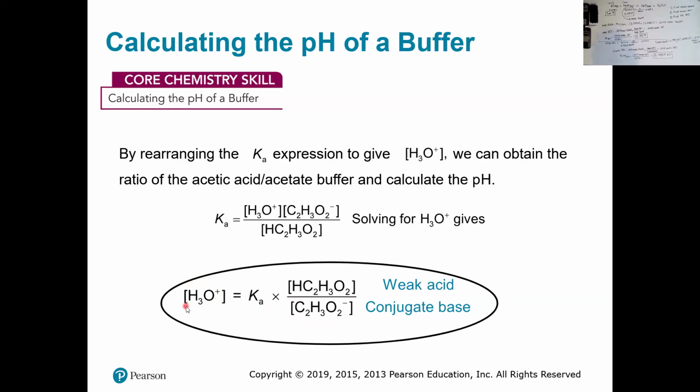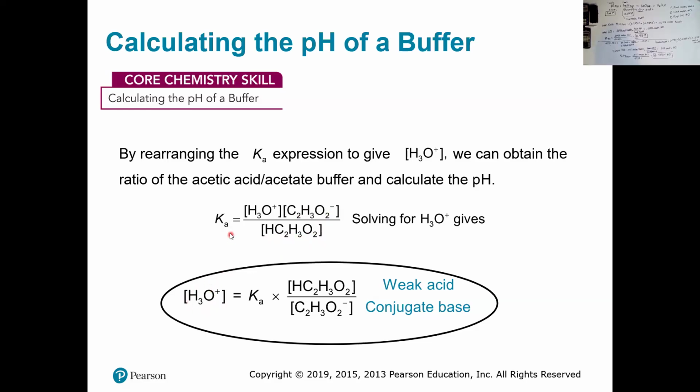And just like we did before, once you know the H3O plus concentration, then you can find the pH because you'll take the negative log of this value. You cannot take the negative log of your weak acid formula. You cannot take the negative log of your conjugate base concentration. The only thing that you can use to find the pH is the H3O plus concentration specifically.